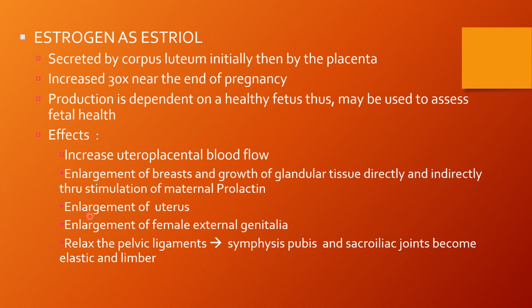It causes breast enlargement and growth of your glandular tissue directly and indirectly. It causes the enlargement of the fetus, enlargement of the female external genitalia, and it also causes relaxation of the pelvic ligaments, the symphysis pubis and sacroiliac joints, to become elastic and limber in preparation for parturition.